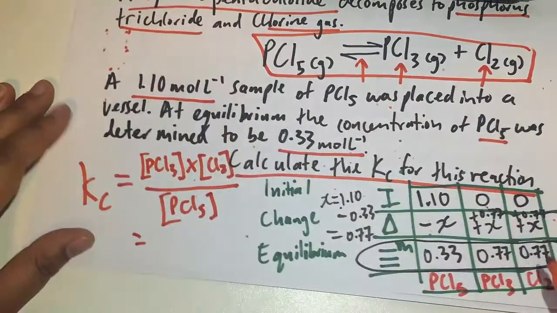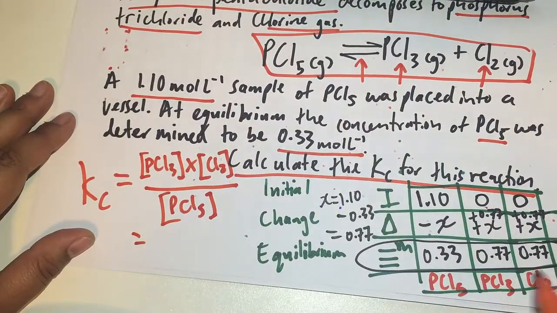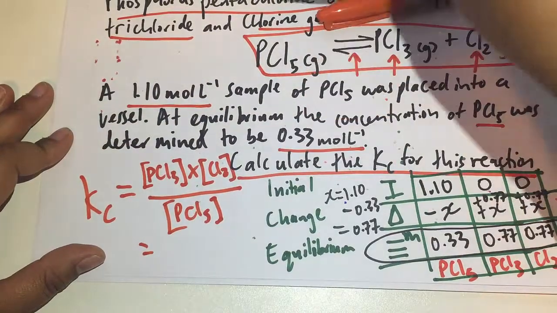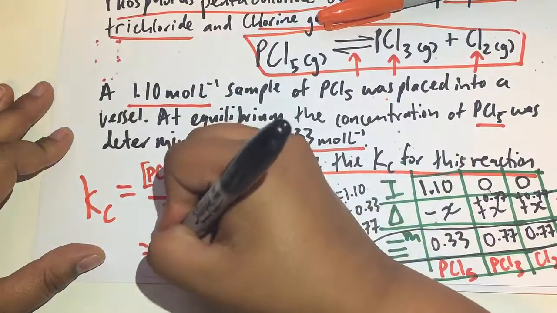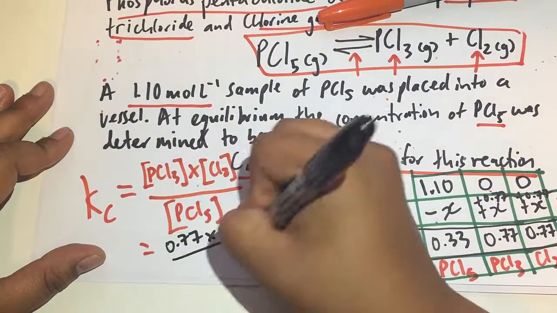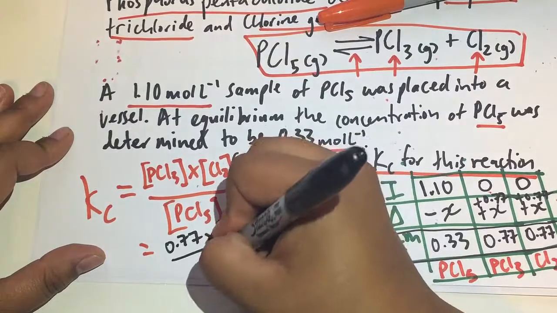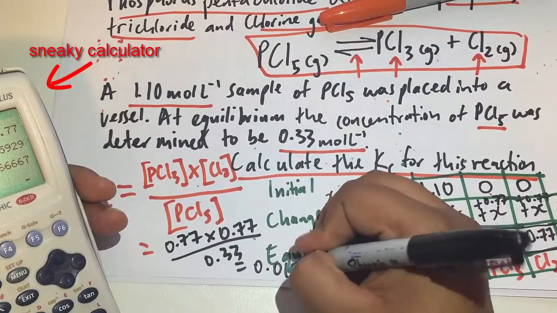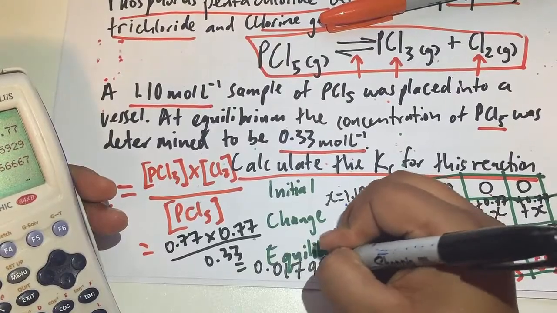Because we know the concentrations, we substitute those numbers in where applicable. So that's going to be 0.77 times 0.77 divided by 0.33, which gives us 0.01797.